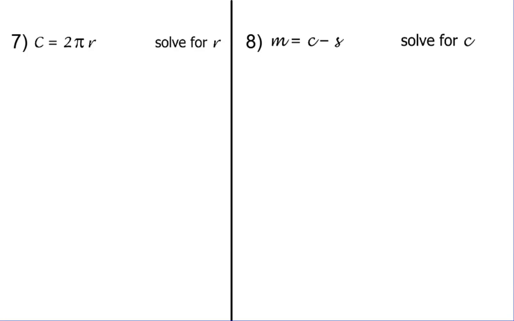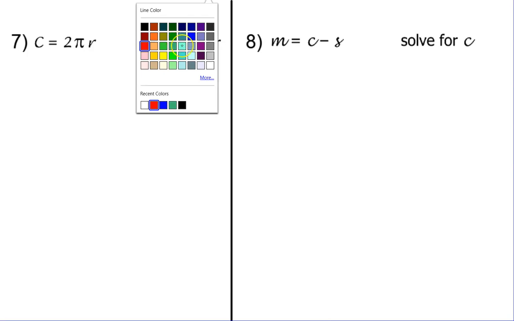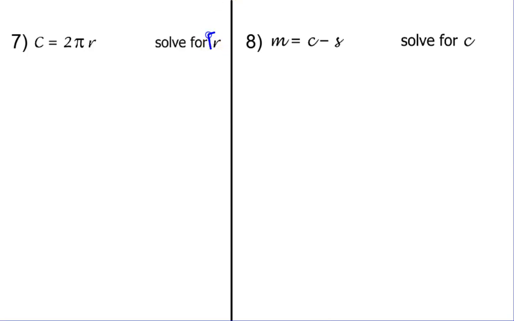First one, C equals 2 pi r. This is actually the equation for a circumference. It wants me to solve for r specifically. Okay, so if I'm solving for r, I like to draw a little box around it so I know which one I'm trying to get by itself. I want to move everything else away. All right, so what is attached to my r right now? A 2 and a pi.